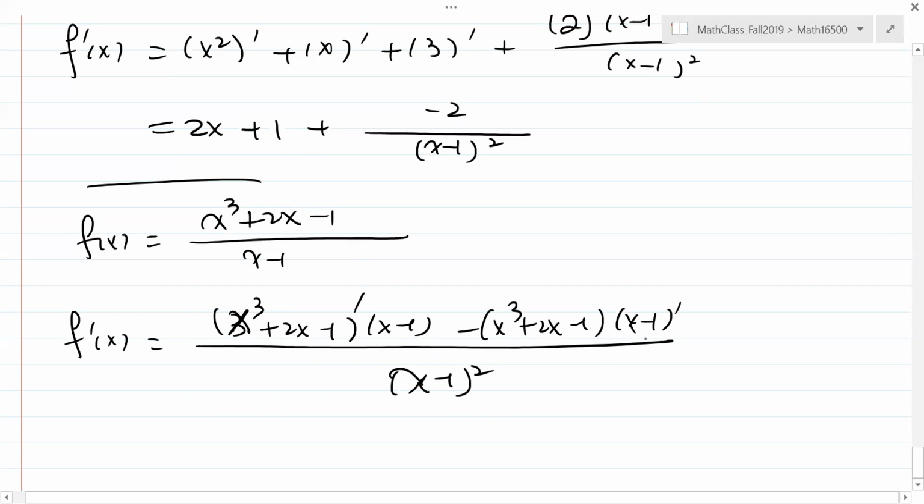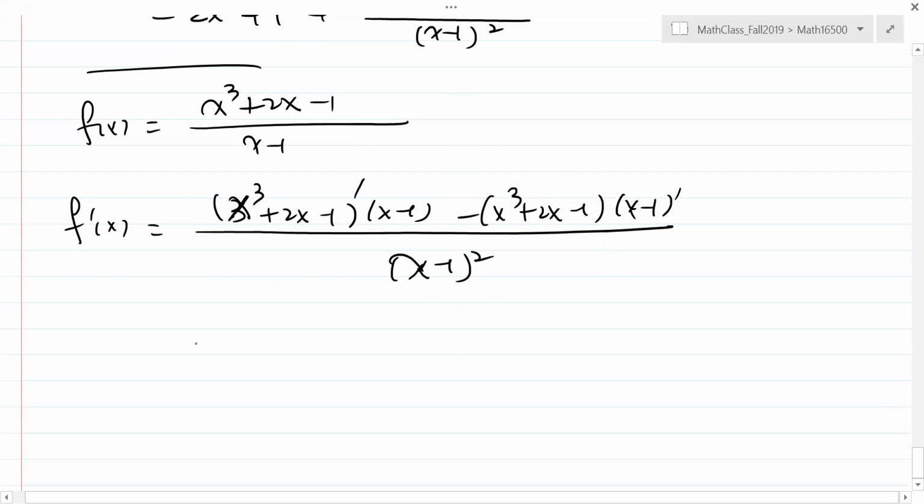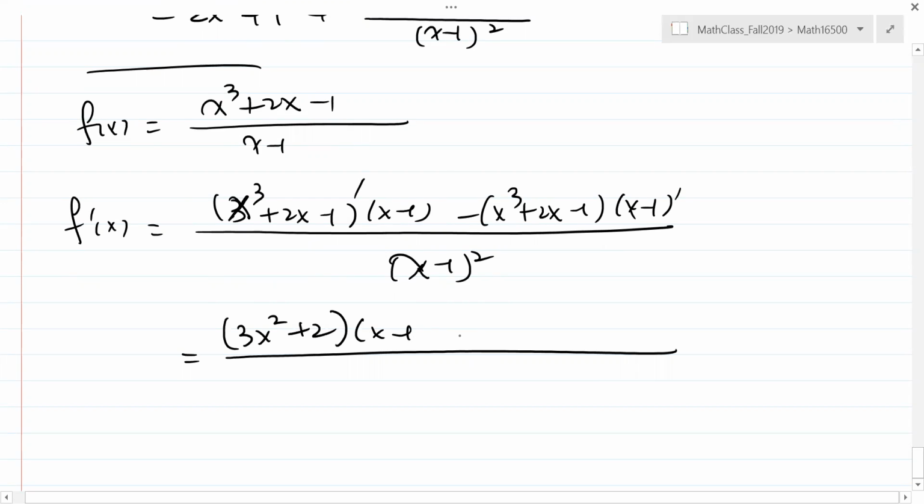minus, this is a quotient. All right, so now you get 3x squared plus 2, minus x cubed plus 2x minus 1 times 1. Should you simplify? Yeah, you have to simplify a little bit.